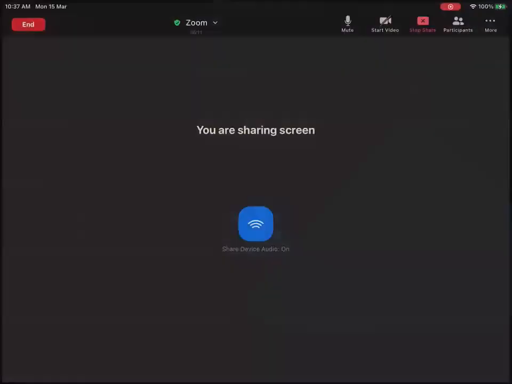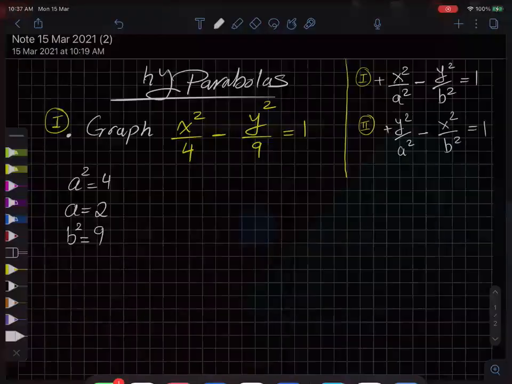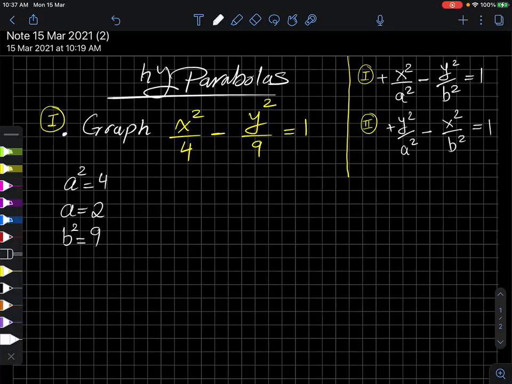Do you hear me, guys? Yes. b squared is equal to 9, so b is 3. And now listen carefully: c squared, in the case of hyperbolas, equals a squared plus b squared. And I will tell you why. Because in this lesson, on hyperbolas, the c is farther out than the vertices.